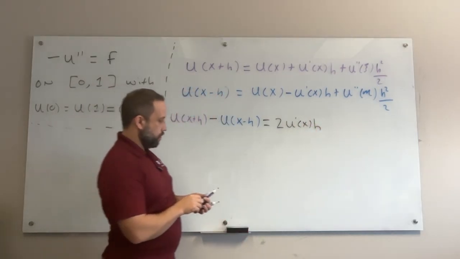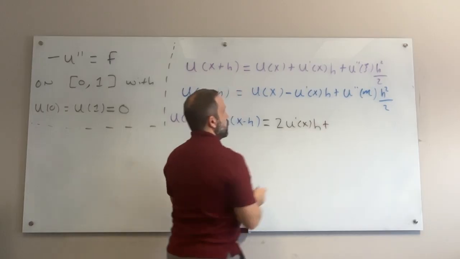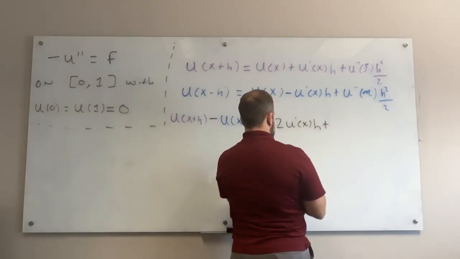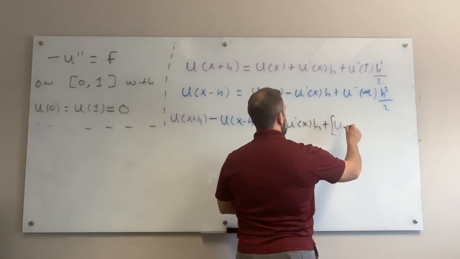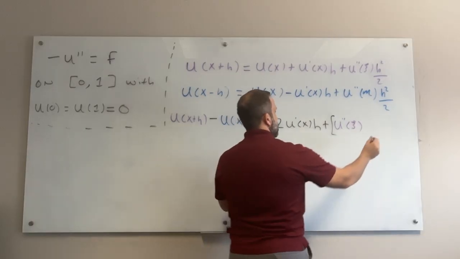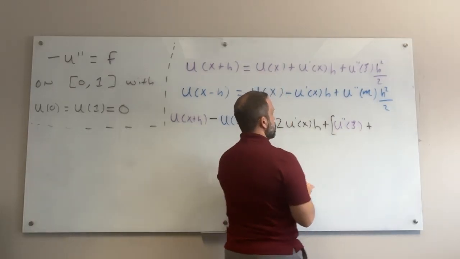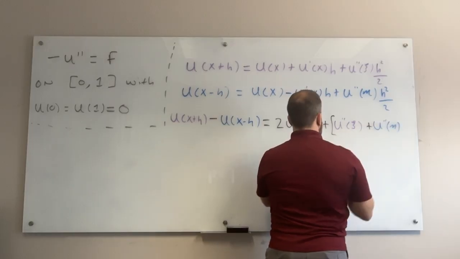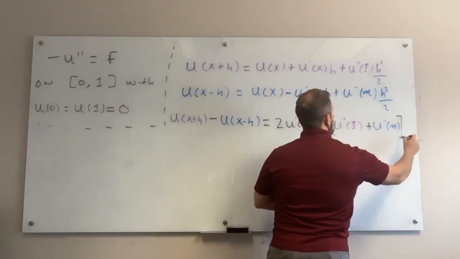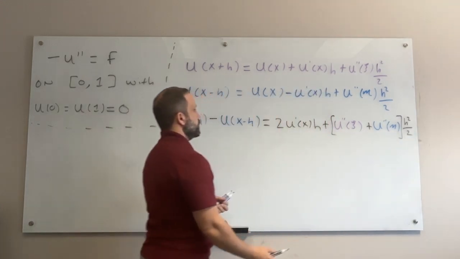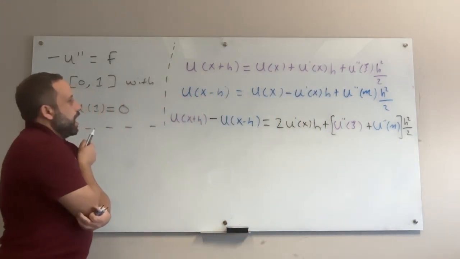And then over here, okay, we're going to get, getting a little carried away with the color coding, u double prime of c plus u double prime of eta, and then all of this times the common h squared divided by 2.